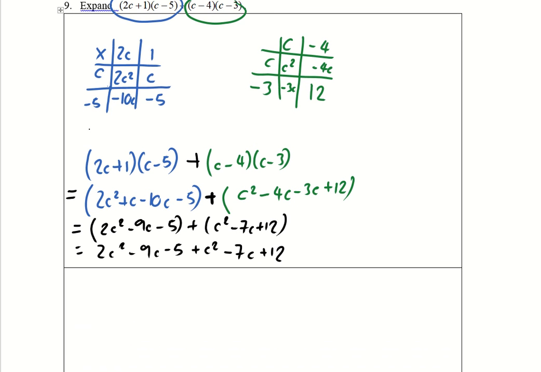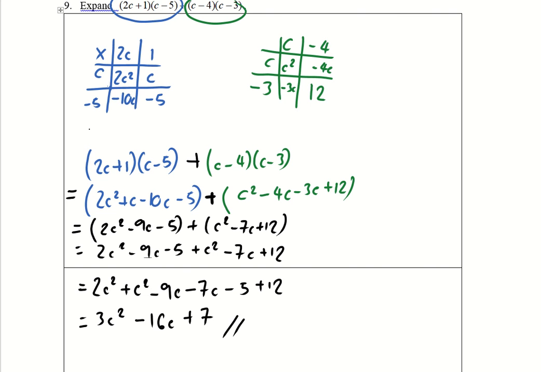So group all the items together. So you have 2c square and c square grouped together, so 2c square plus c square. Then minus 9c. Any more c? There is one more c here, so minus 7c. Then the number minus 5. Any more number here? There is plus 12. So group all the items together and then simplify, equals to 3c square minus 16c plus 7. Okay, and that's my final answer.